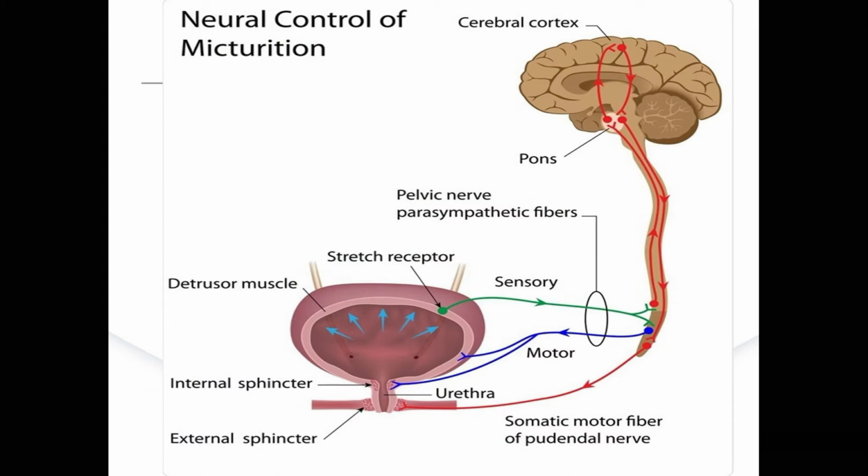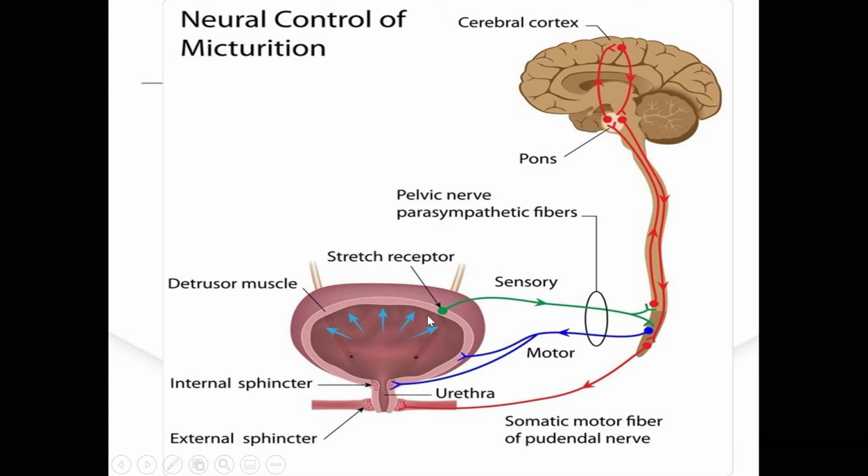So here we can see a wider nervous controlling system of urination. Firstly, the impulse of urination starts from the cerebral cortex and from the pons. Then it goes by the peripheral nervous system, by the sensory receptors and also the motor receptors.